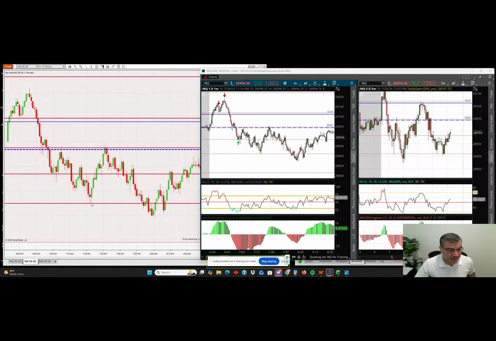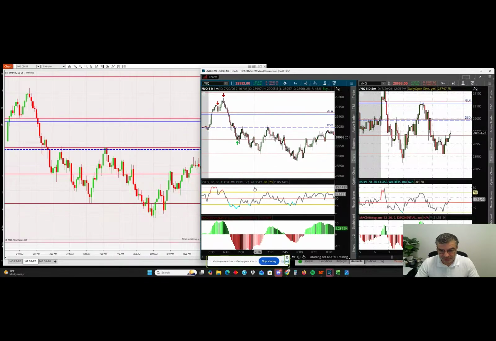The third one, look at it, did a 2-bar double bottom at exactly the TMT level. And look at the divergence here. This is a beautiful divergence. 1, 2, 3. So this was a good long right there based on the level above this bar right there. Okay, so that was another good trade going higher.